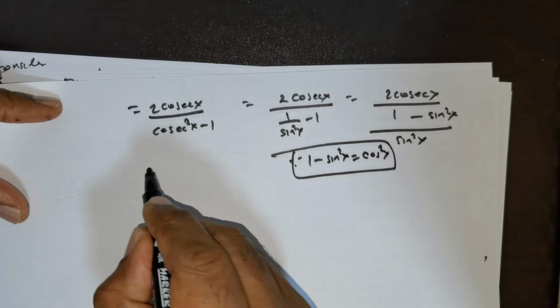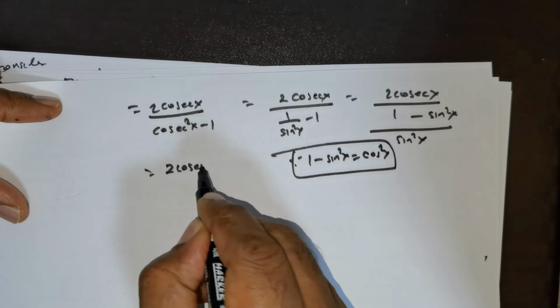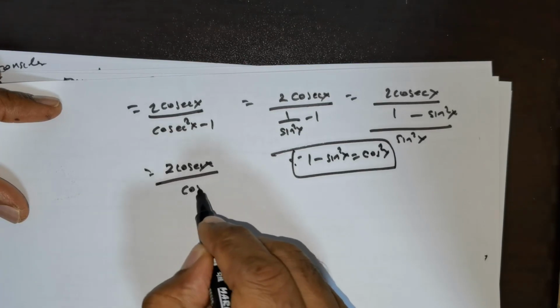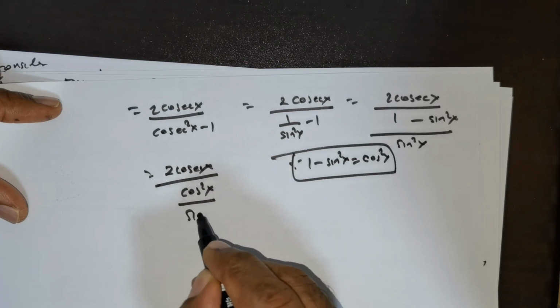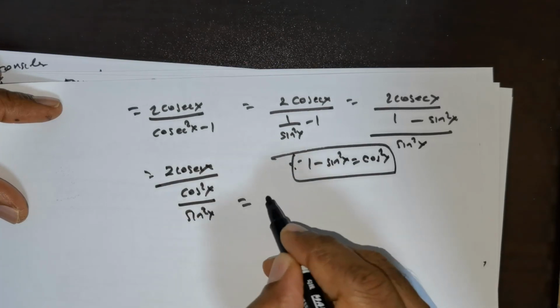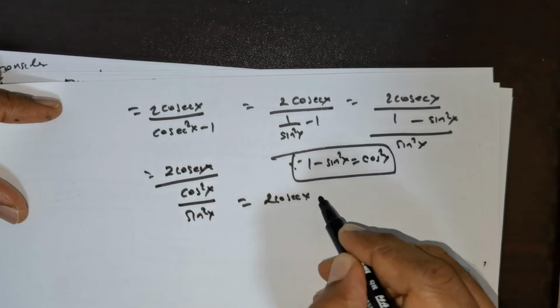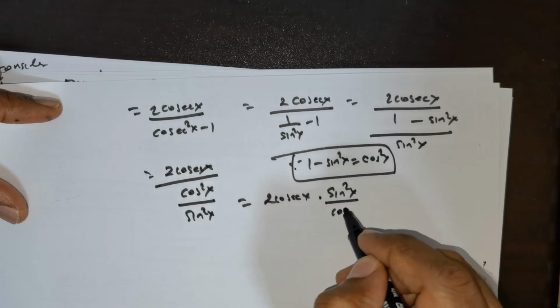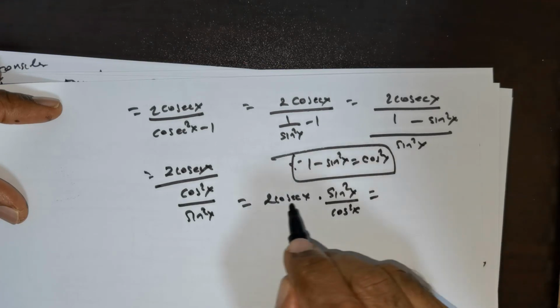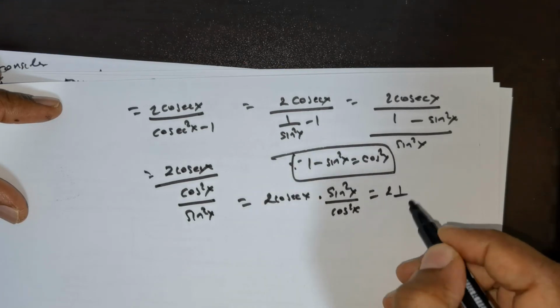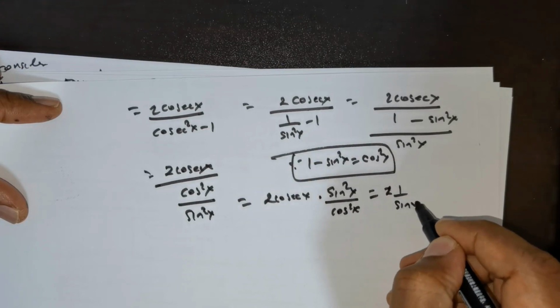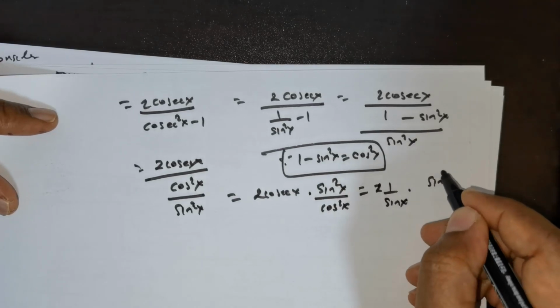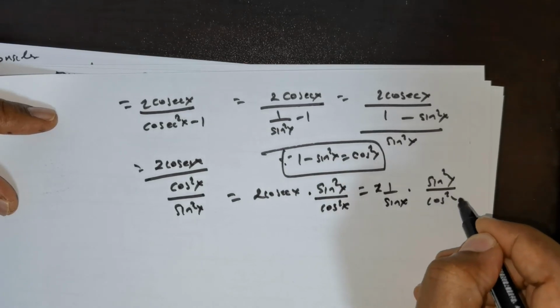Now 1 minus sin squared x is equal to cos squared x. So substitute that. So that's equal to 2 times cosecant x divided by cos squared x divided by sin squared x, which is equal to 2 times cosecant x times, you flip this, that would give you sin squared x over cos squared x. But cosecant x is what? 1 over sin x times sin squared x over cos squared x.